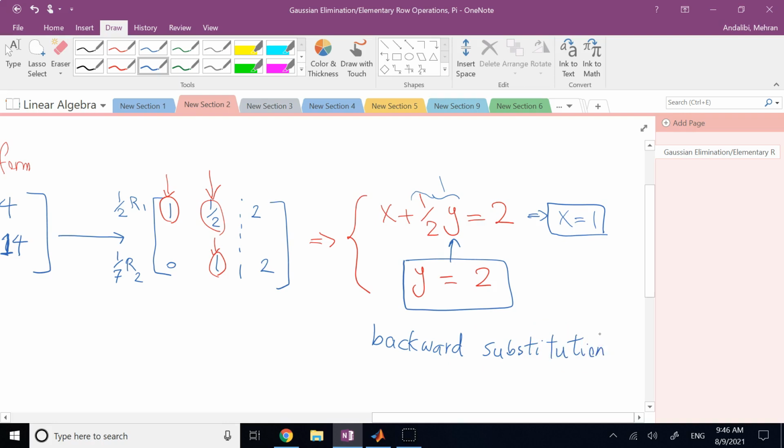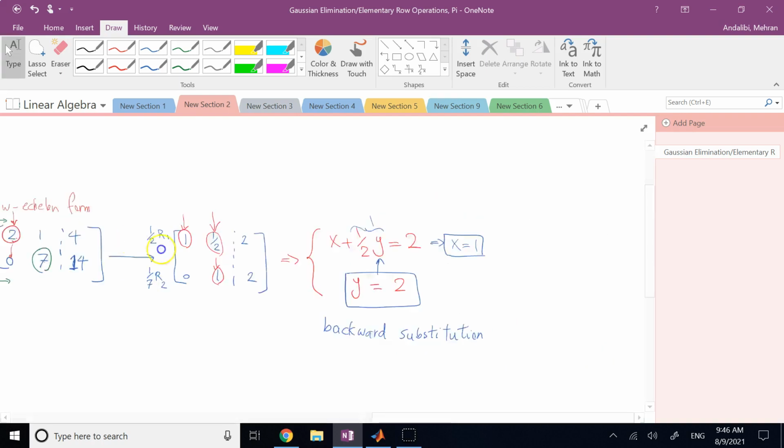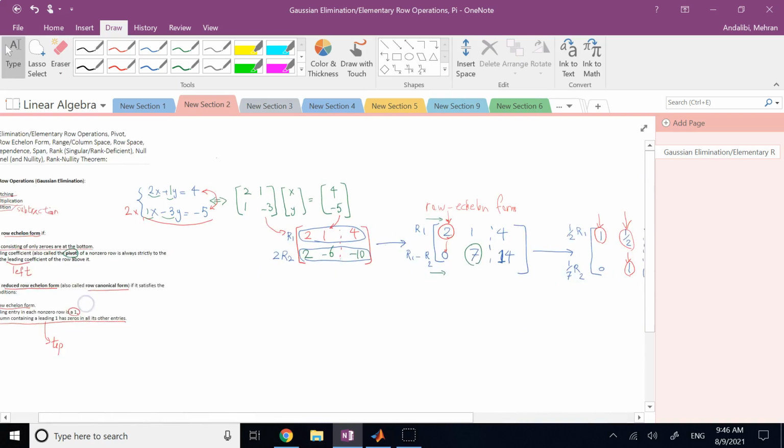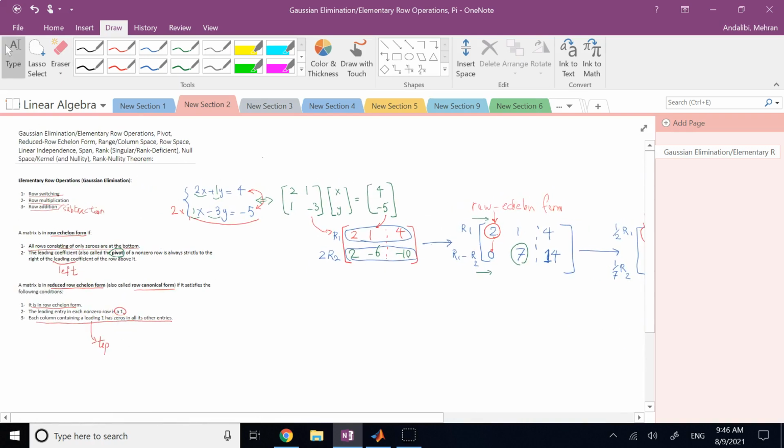Okay, so when you reduce it into reduced row echelon form, the solution is very easy. You have one of them, and then by plugging it back all the way to the top, you can get all of your variables easily calculated. So it's called backward substitution. And this is not just what you do to solve a system of linear equations.